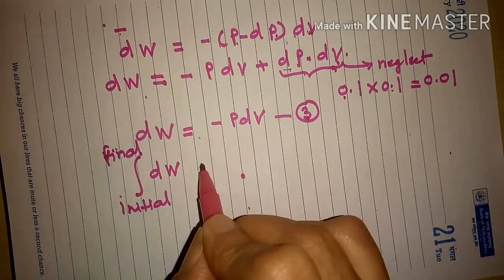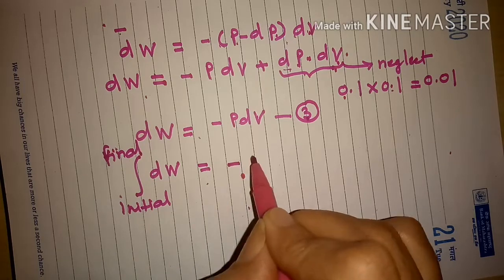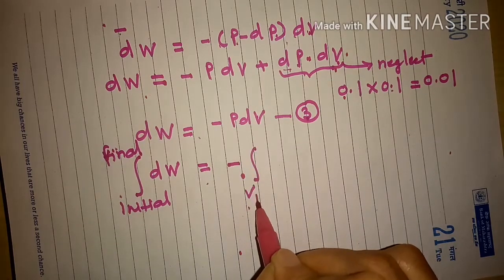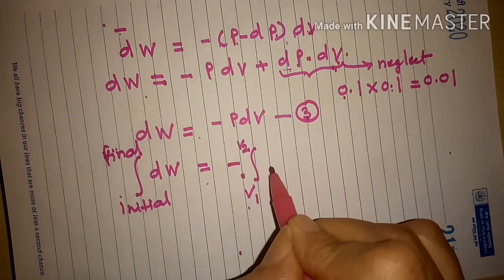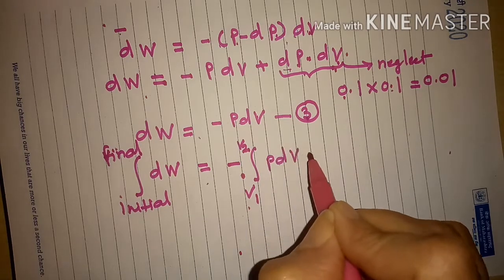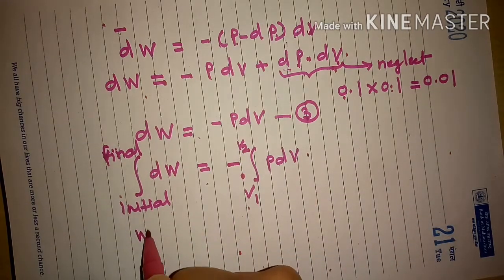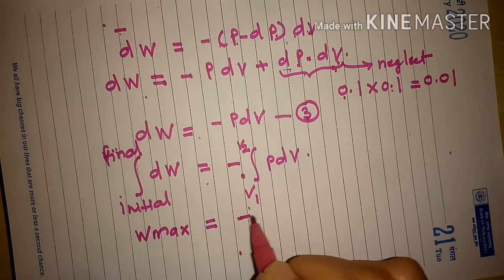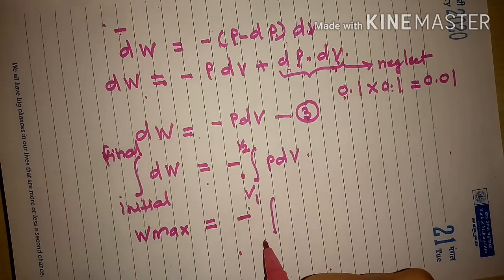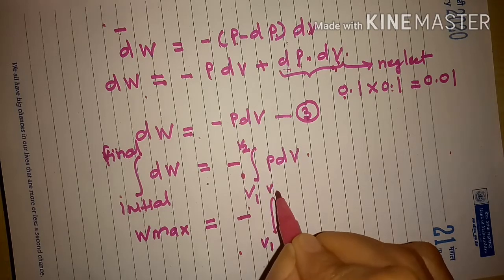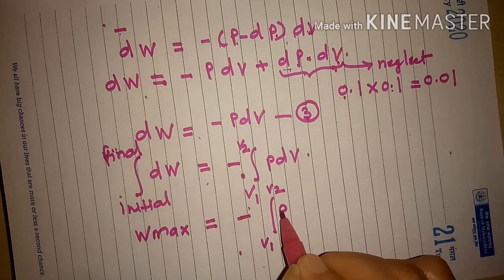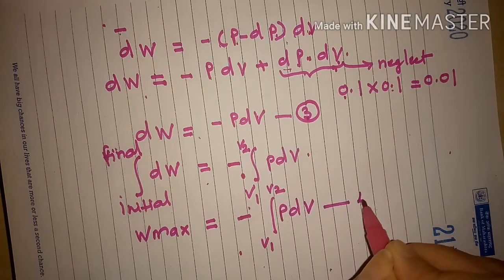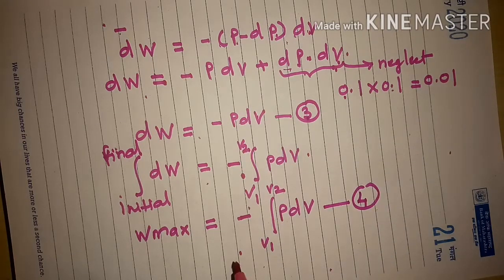So you will get dw equal to minus the integral between the limits V1 and V2 of pdv. So w max will be equal to minus integration V1 to V2 of pdv. So this is your equation number 4.